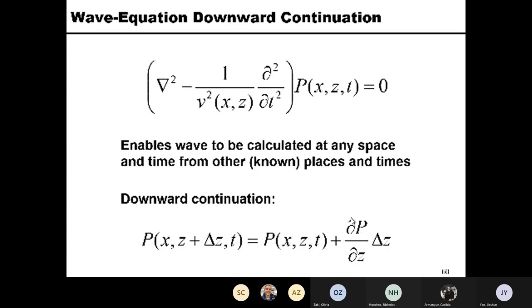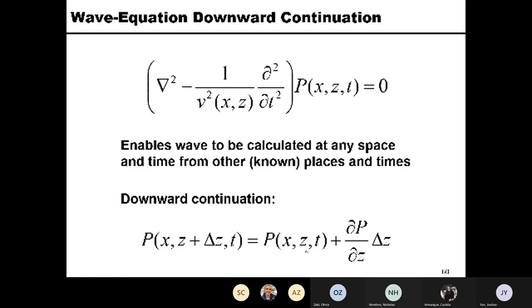If we're talking about the first order derivative, wave field downward continuation means in the z direction. This first order derivative, which is a continuous function, equals this term minus this term divided by delta z, right? That's what we call the finite difference.